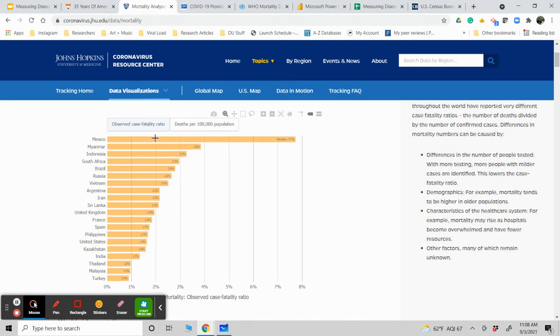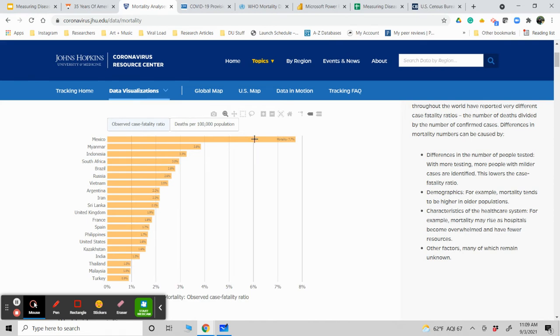It tells us about differences in disease severity. So if we look at case fatality ratio, 7.7% in Mexico, compared to the US, which is around 1.6%. So you can see pretty big changes in the severity of COVID-19 between these countries. And this could be due to a number of different things.